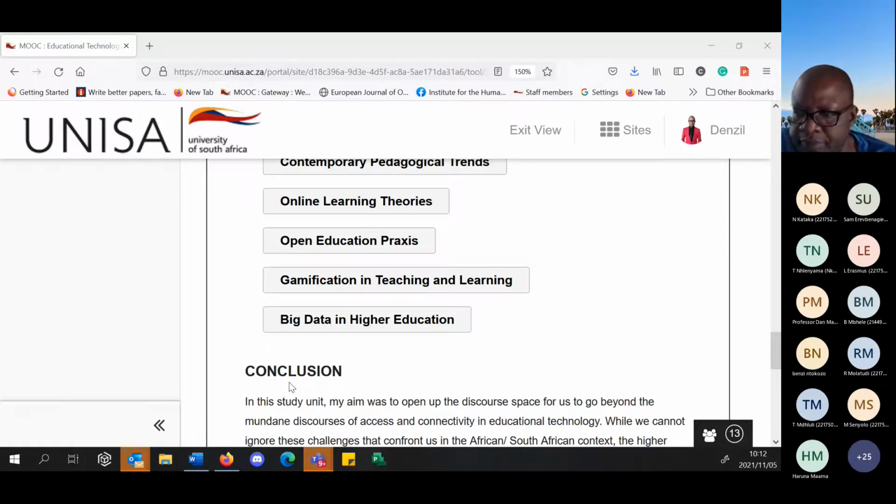Then, in terms of even the availability of data, students being able to access some of these things, to what extent are our students competent in maneuvering and navigating their way around all that is laid out on the online platform? I mean, for me, there are a whole lot of layers and levels of challenges that need to be addressed and attended to before this can be a full-fledged reality amongst us on the continent.